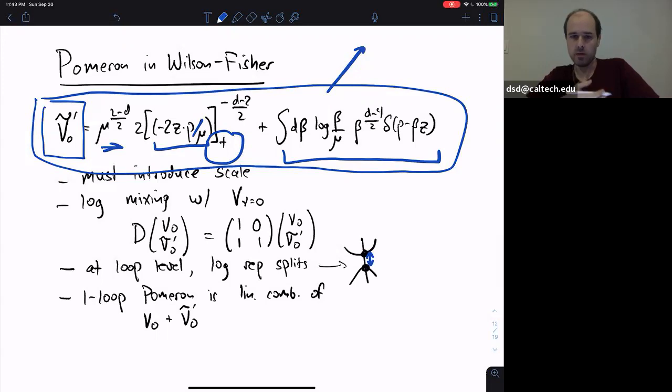So if you renormalize these things, you find that there are two renormalized operators. They're different linear combinations of v and v tilde prime. And the one with the higher spin eigenvalue is the Pomeron. So the Pomeron is some linear combination of v0 and v0 tilde prime.